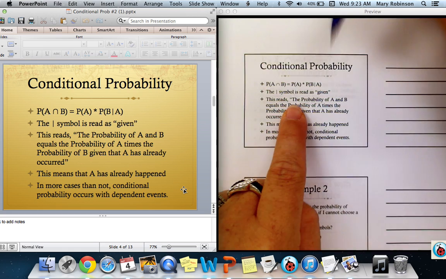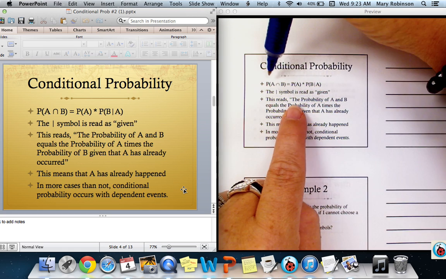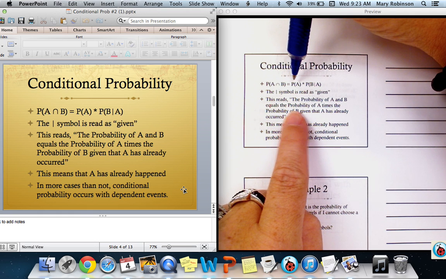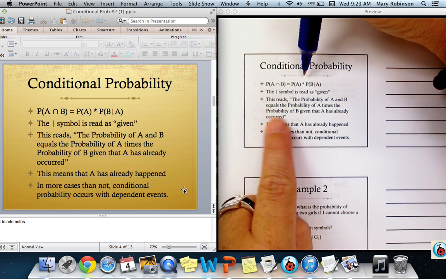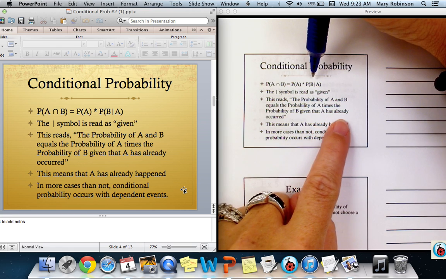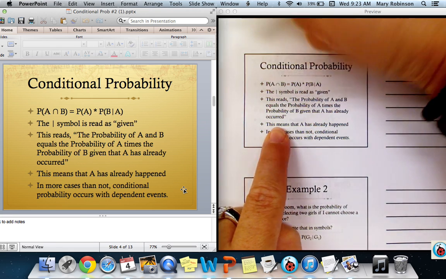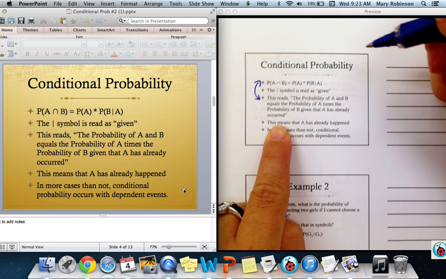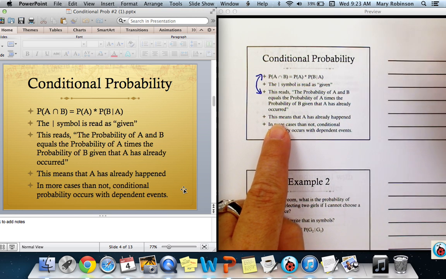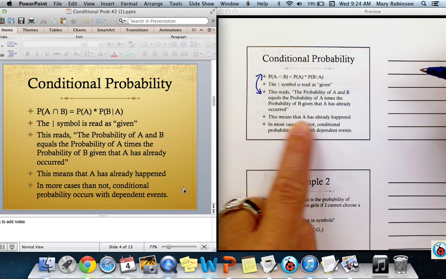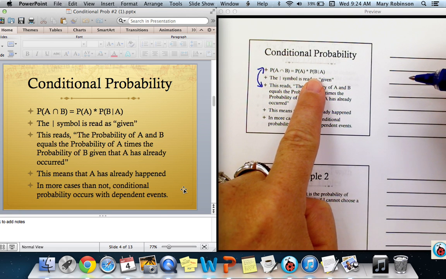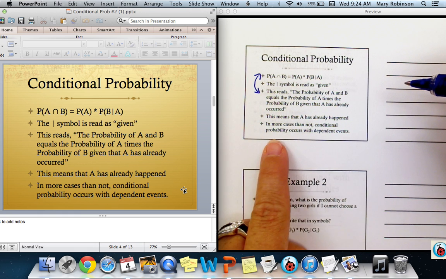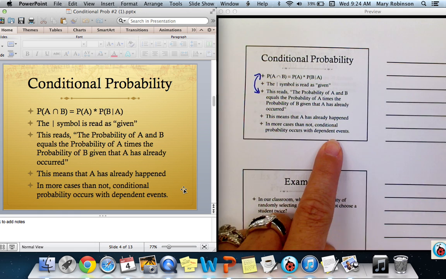We read this whole statement as, the probability of A and B equals the probability of A times the probability of B, given that A has already occurred. So make sure you're able to read this out loud in words. Of course, this means that A has already happened if we are finding the probability of B given A. In more cases than not, conditional probability occurs with dependent events.